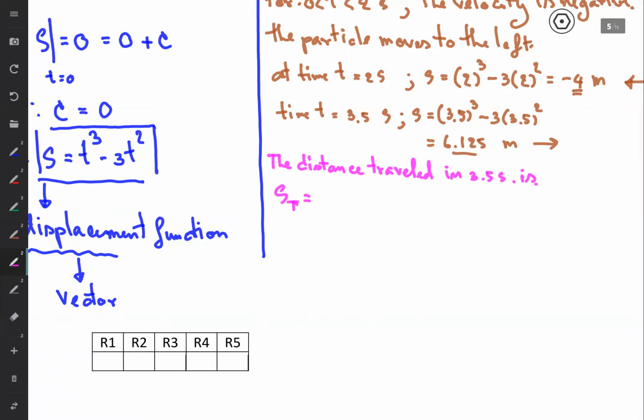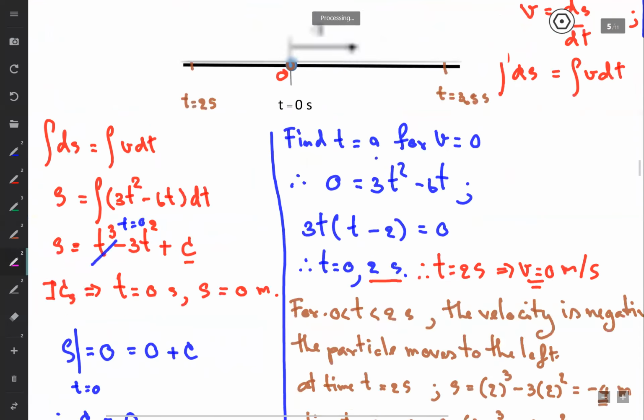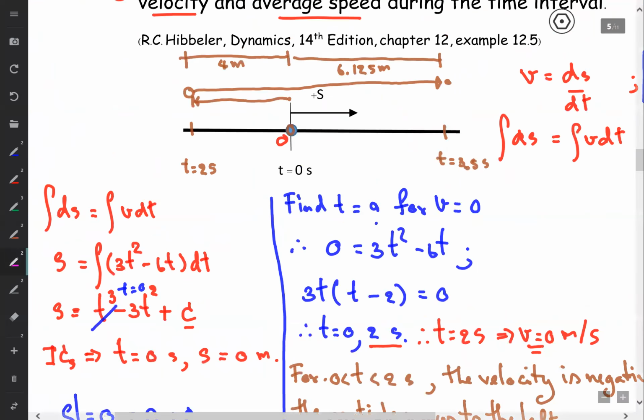The total distance is equal to 4, because if you draw the picture, you will see that at 2 seconds it has gone 4 meters first.